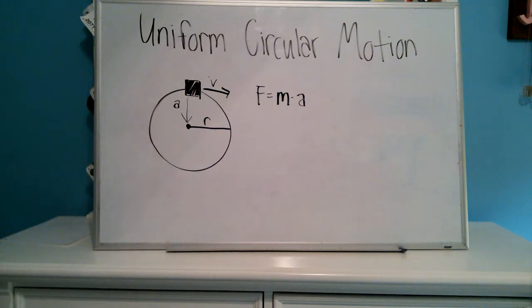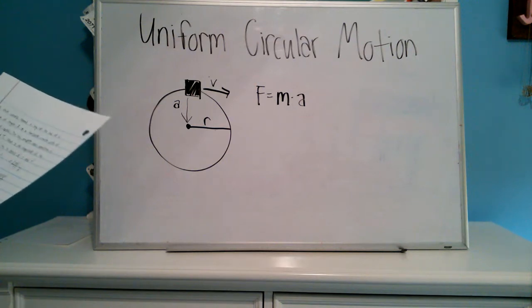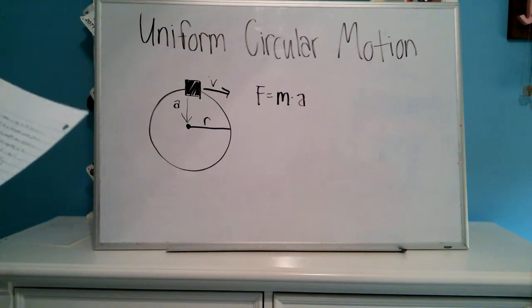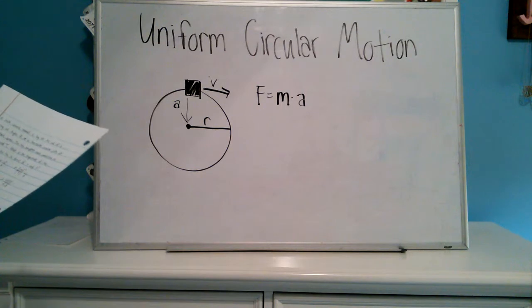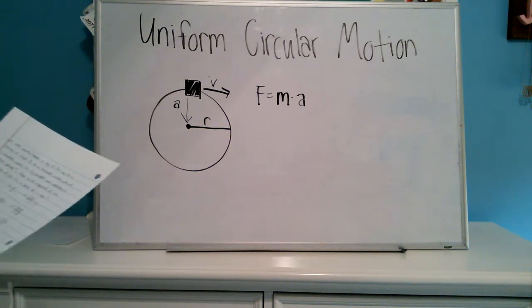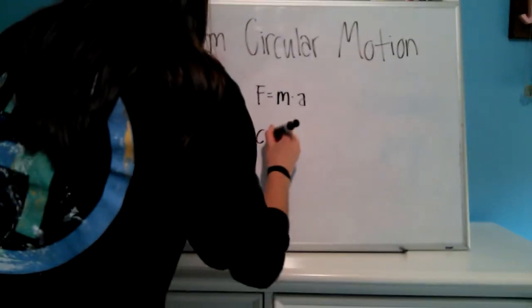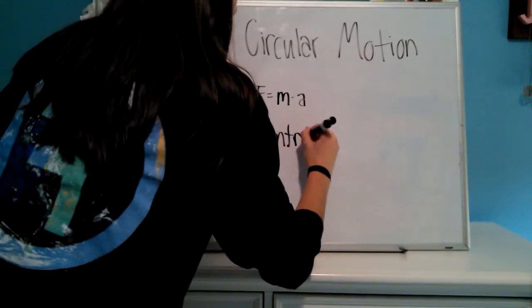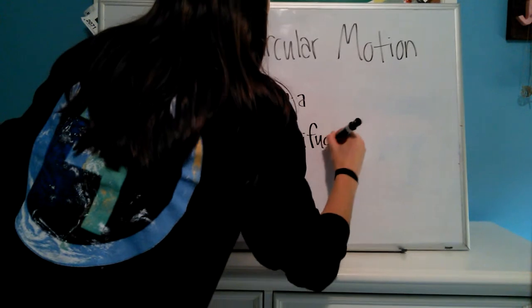Well, then you might be asking, why do I feel like I'm flung away from the circle, or let's say flung to the outside if you're in a car making a U-turn? This is actually a fake force called a centrifugal force. It's not actually real.